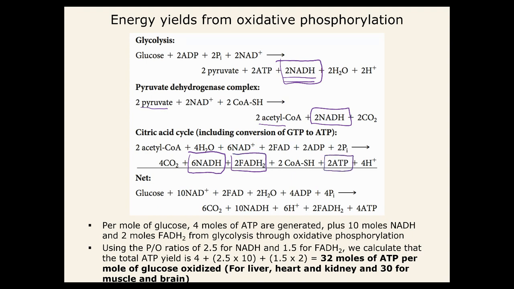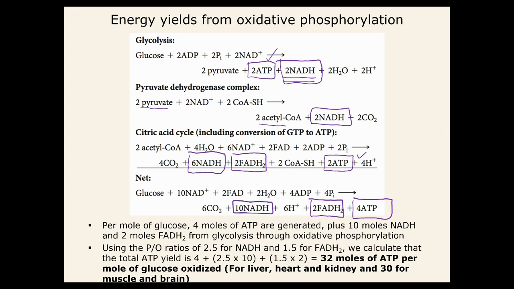So those guys are done. Those don't need to be accounted for because they're already ATP. So ultimately, let's add them up. 2, 4, 10 NADH, 2 FADH2, 4 ATP, because glycolysis had 2 ATP plus those 2, right?